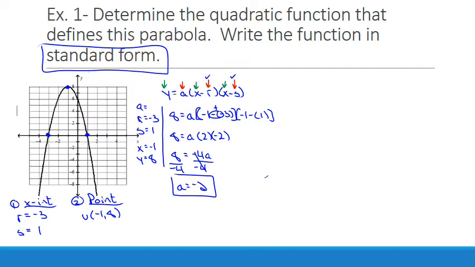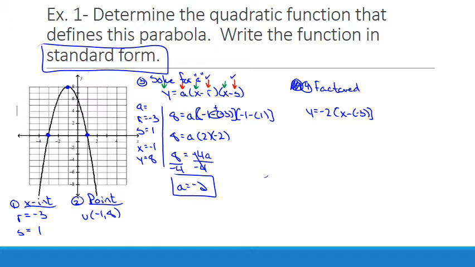I now have the three variables that I need, the a, r, and s. So my third step would be solve for a. My fourth step will be factored form. So now I have y equals my a value, which is -2, times x minus -3, that's my r value.